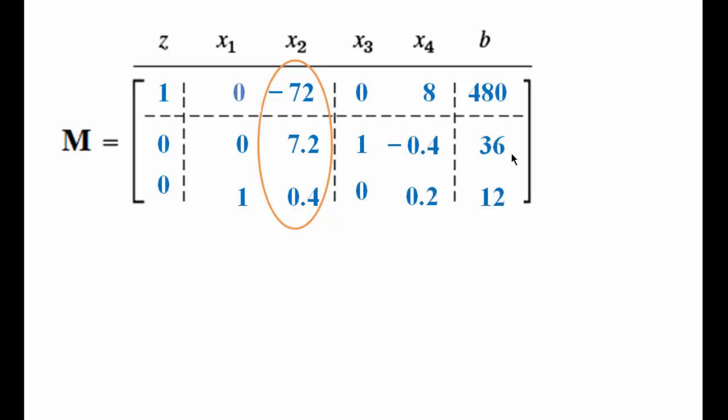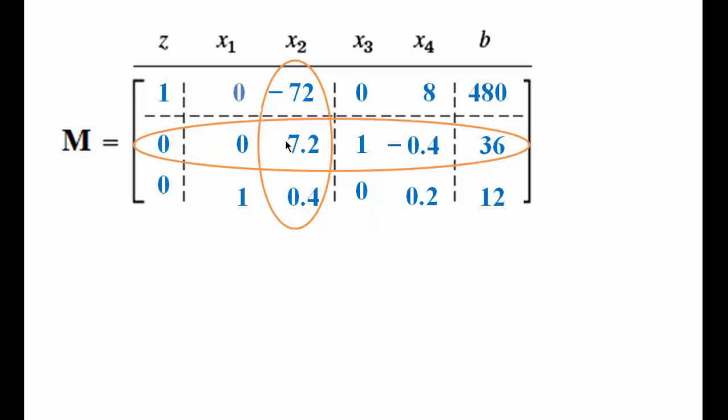Now to choose the row, we're going to divide 36 by 7.2 and 12 divided by 0.4, and the minimum result will be chosen as the row, which is this row, because 36 divided by 7.2 is less than 12 divided by 0.4.